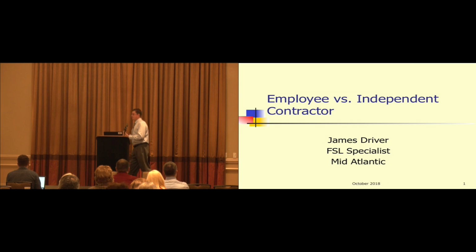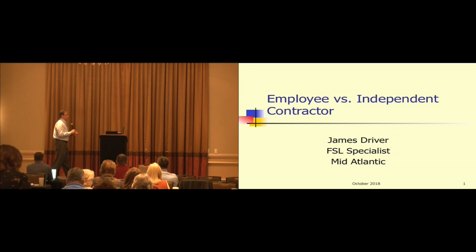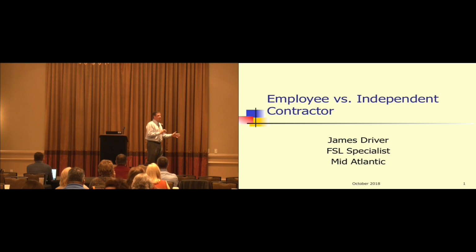Prior to coming to the IRS, I actually worked in the finance cabinet for the state of Kentucky, and one of my jobs was I reviewed every single personal service contract with individuals to determine whether we had an employee or independent contract situation. 85% of the time, we had an employee situation, not an independent contractor.